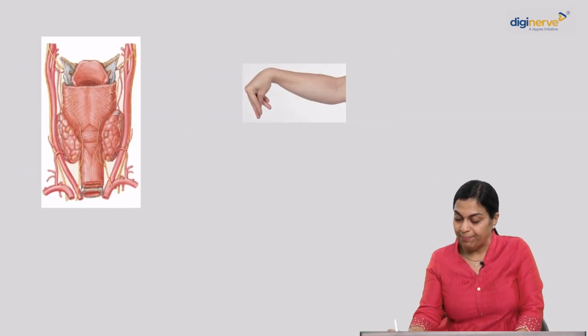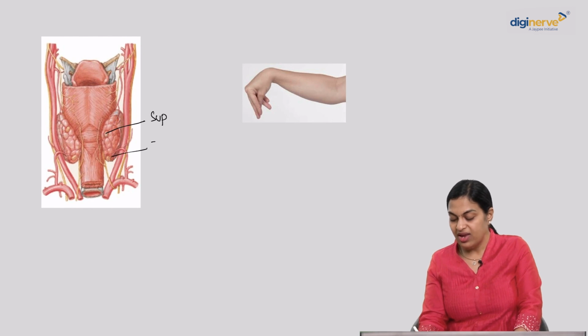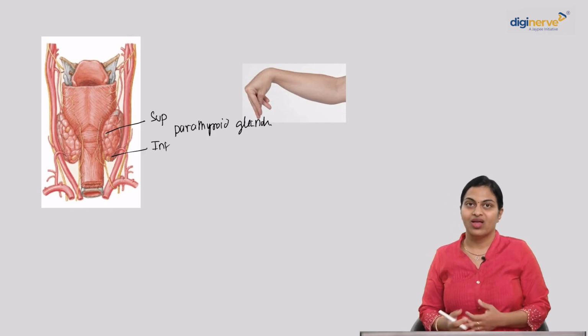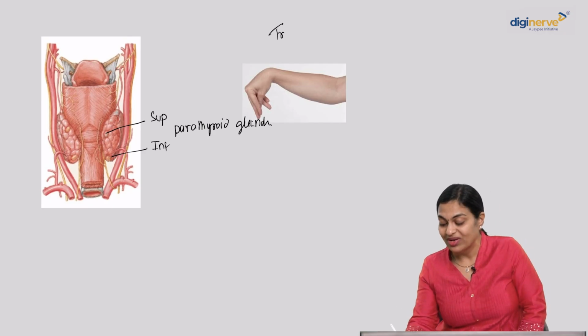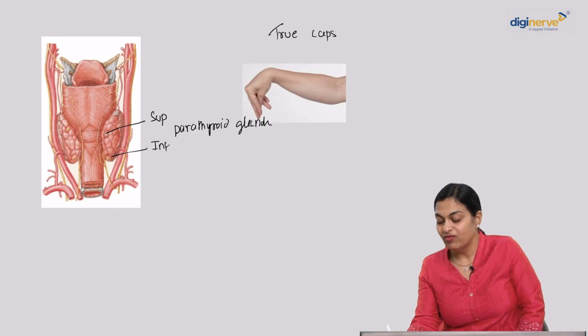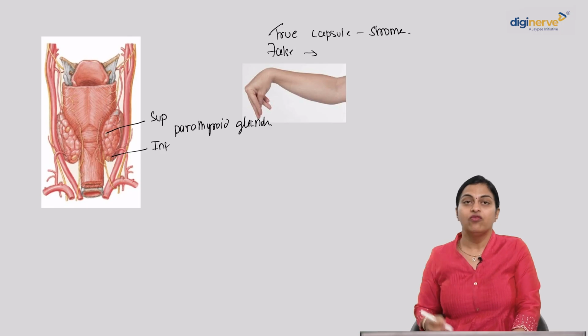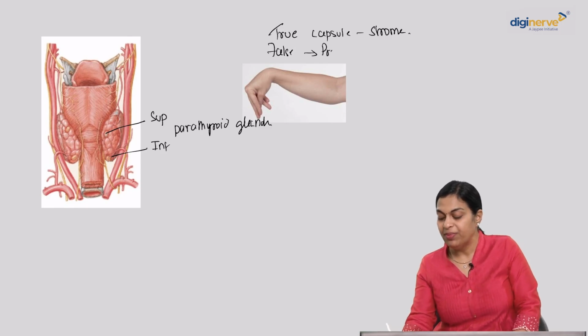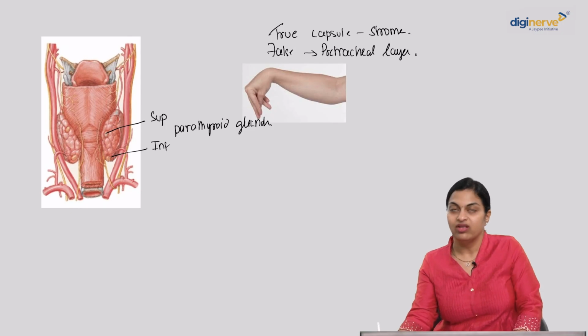So these are the parathyroid glands, the superior and inferior parathyroid glands, located between the true and the false capsule of the thyroid. The true capsule is formed by the stroma of the thyroid itself. The false capsule is formed by the pretracheal layer of the deep cervical fascia.